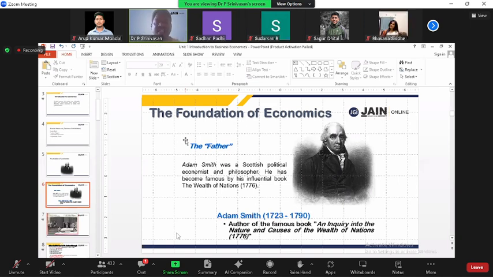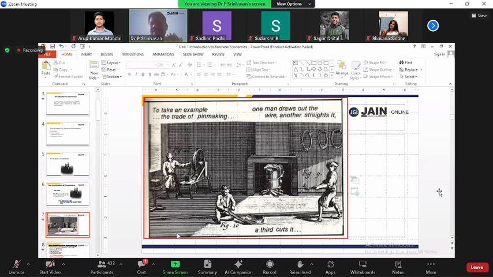For example, he has taken a simple industry, the pin making industry. I showed the picture. You can see how the work is divided.